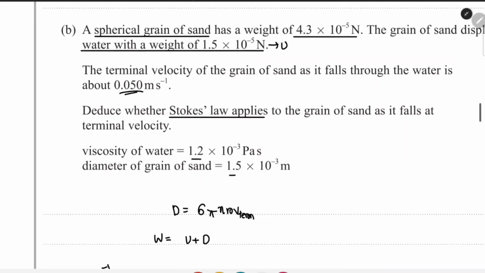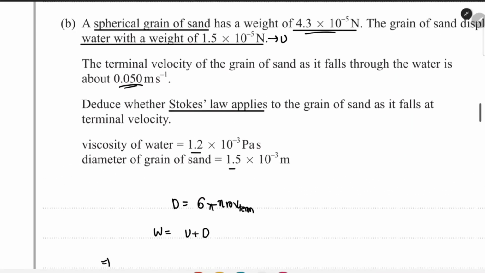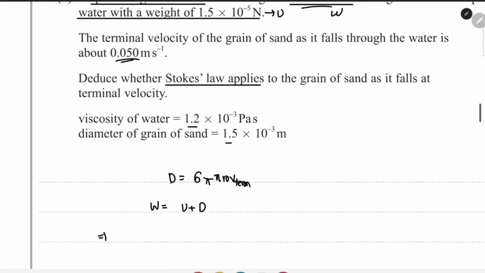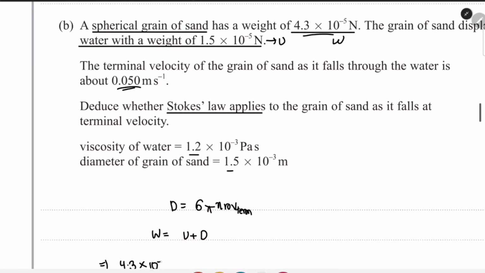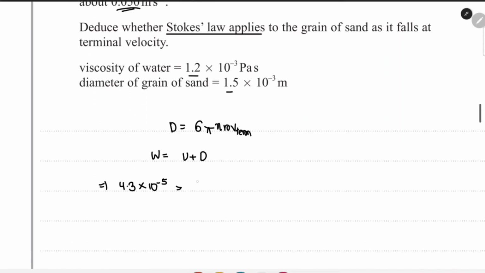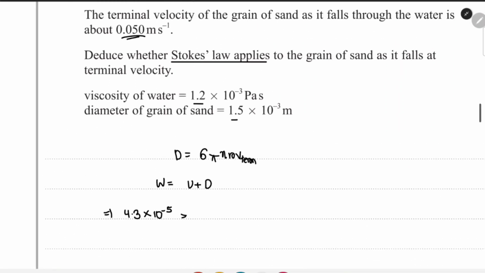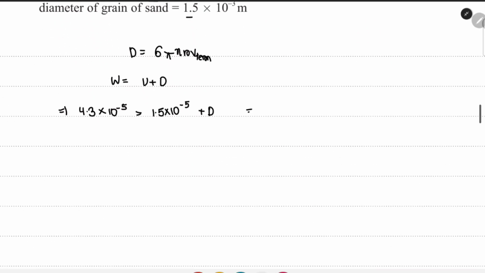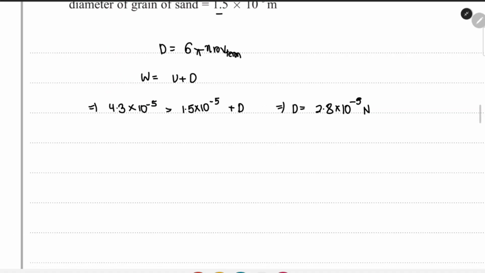The weight of the object is 4.3 into 10 to the power minus 5 newtons, while the upthrust is 1.5 into 10 to the power minus 5. And then you have the viscous drag. The viscous drag comes out to be 2.8 into 10 to the power minus 5 newtons.